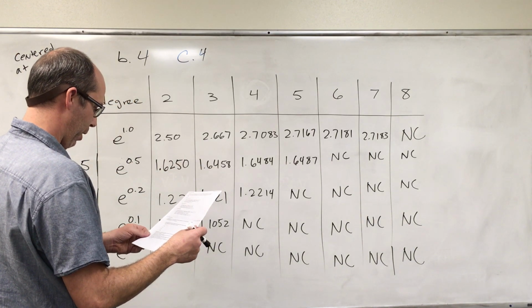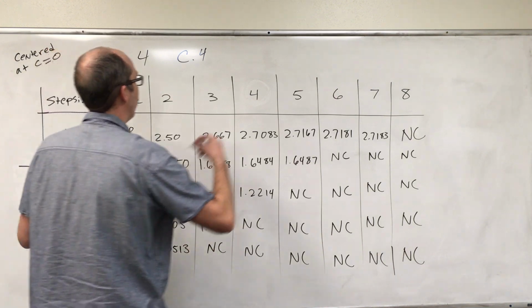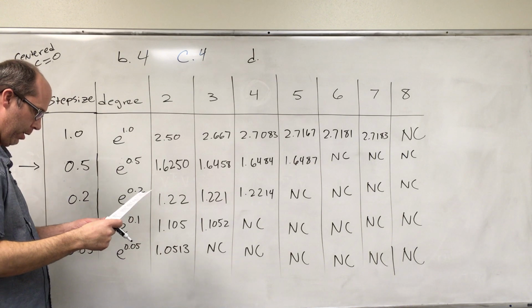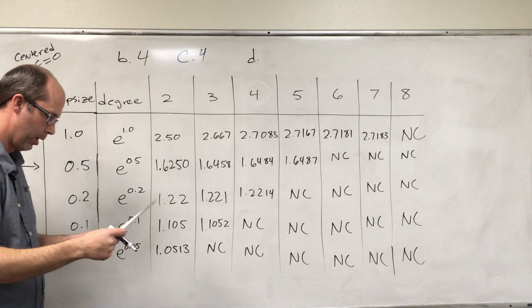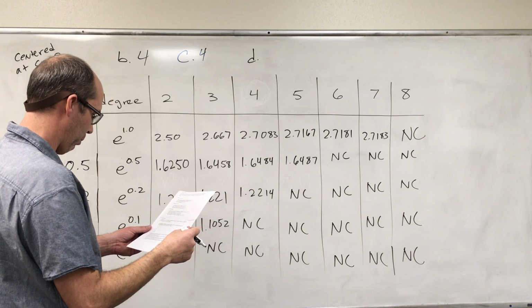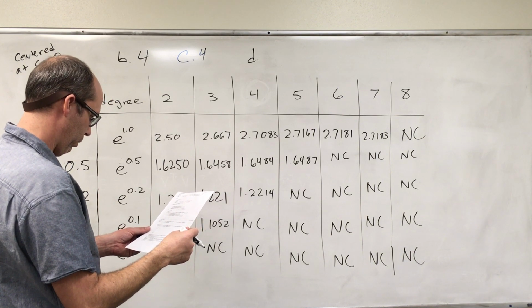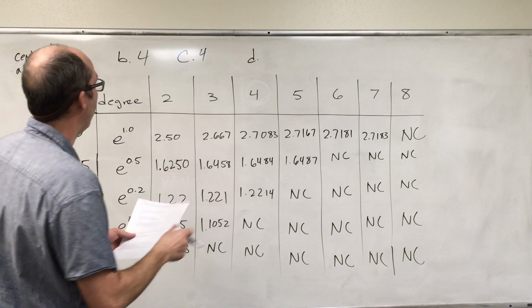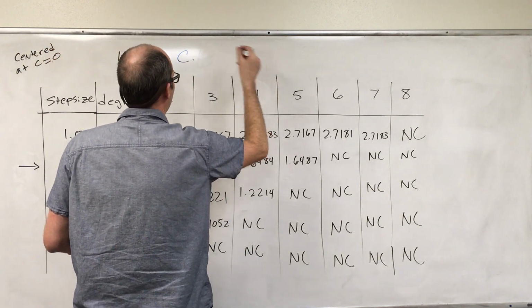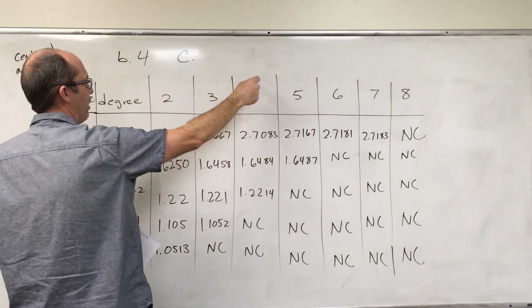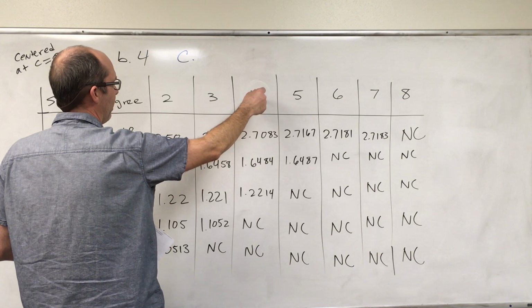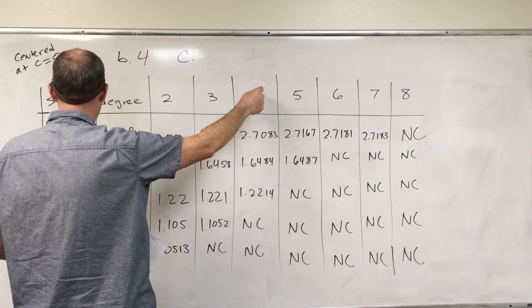Sorry, the answer to C is not 4. 4 is the best degree less than or equal to 4, where you get the best approximation.